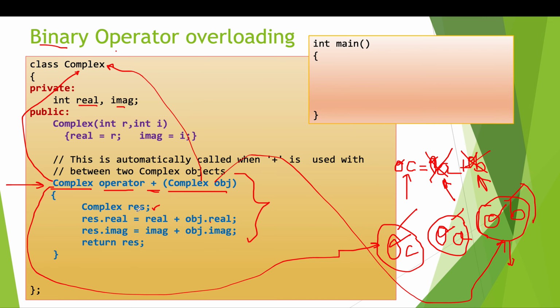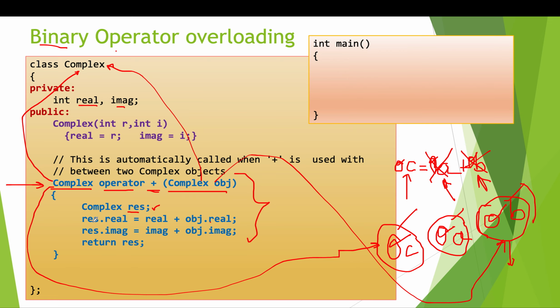So Complex res, where res is an object of class Complex. Next, everybody knows how to add two complex numbers: add the real parts of the two numbers, add the imaginary parts of the two numbers, and store the result in the C variable. This is going to be our output.